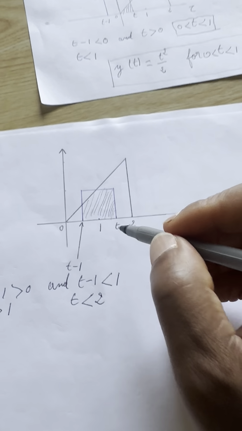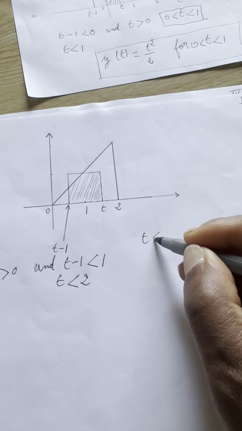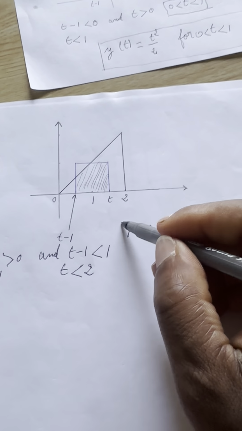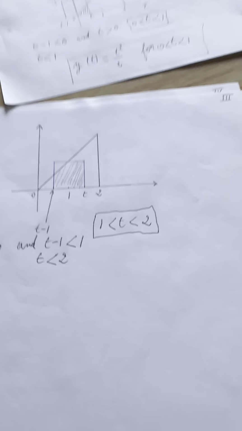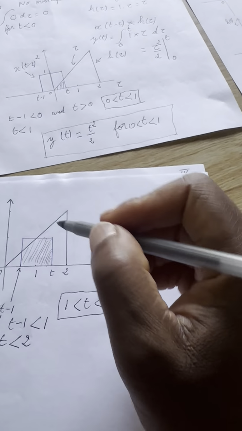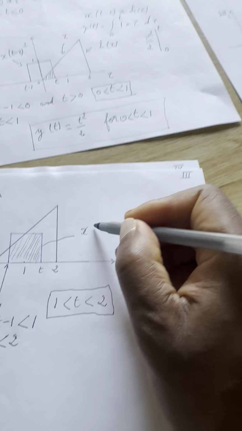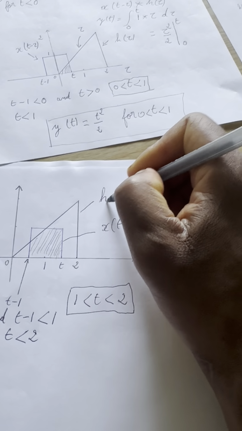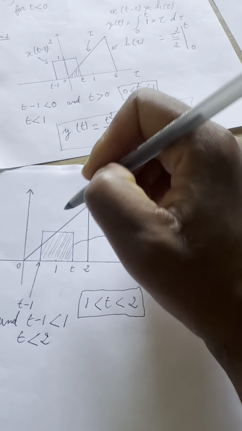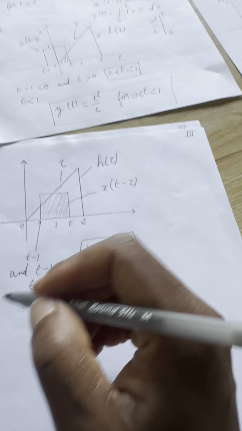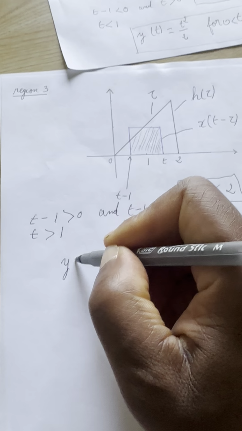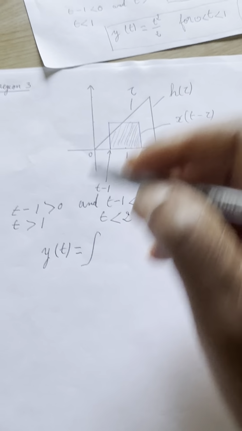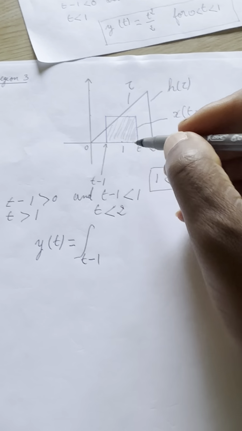So you can say t is between 1 and 2. Okay, so this is 1 for x(t minus tau), this is h(tau), and this one is tau. So we have to do the integral for y(t) here, from t minus 1 to t.